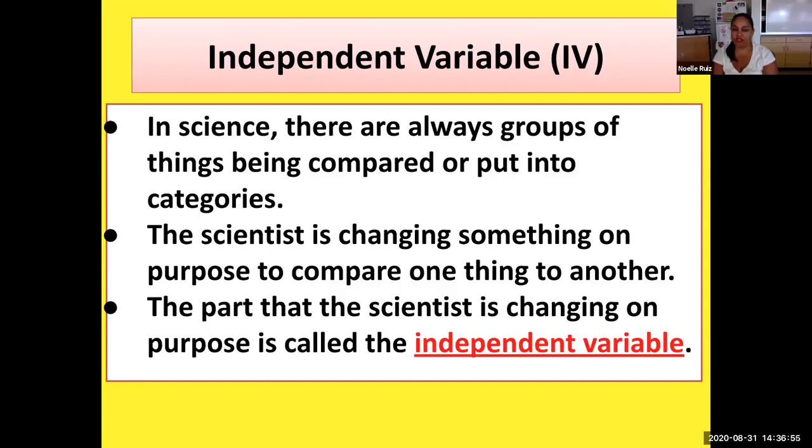And the part that scientists are changing on purpose is called the independent variable. So the scientist does have control over this. Scientists group things into categories, pit one category against the other and see how well each does.